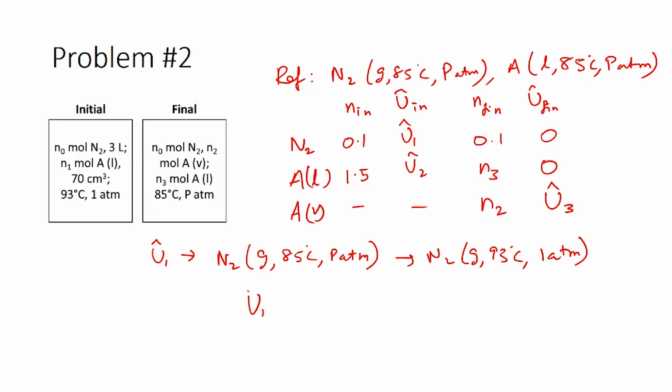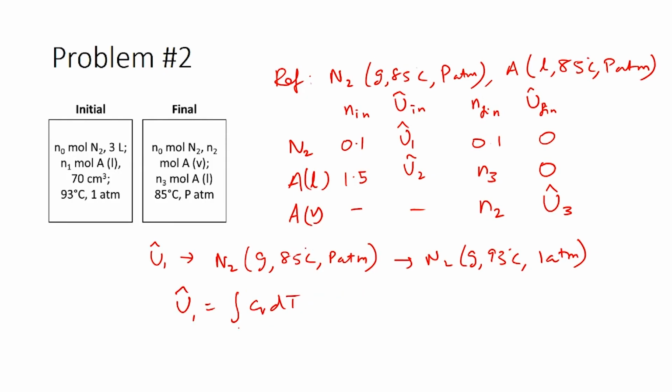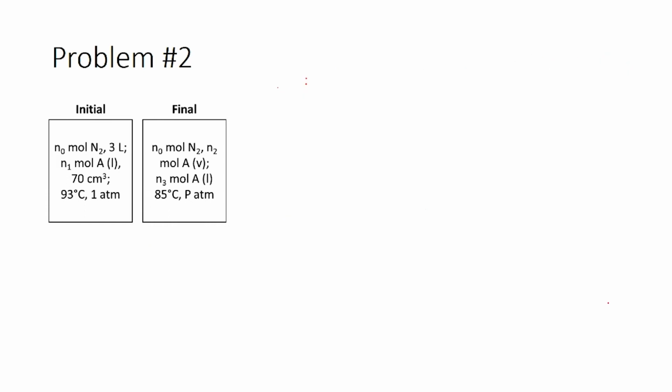This means U1 cap is equal to the integral of Cv dT with limits of 85 to 93 degrees Celsius, and for nitrogen this gives Cv times 93 minus 85, which is equal to 39.8 calories per mole.